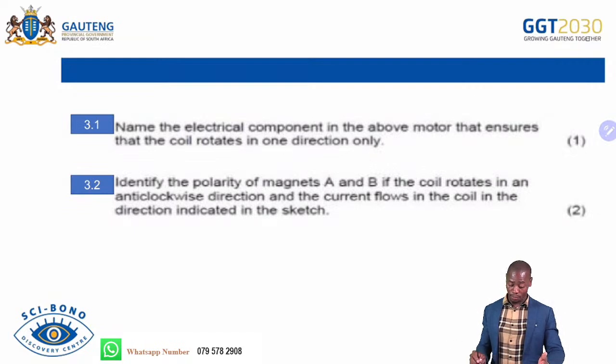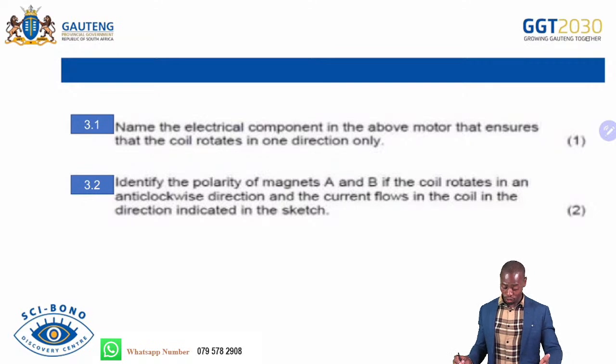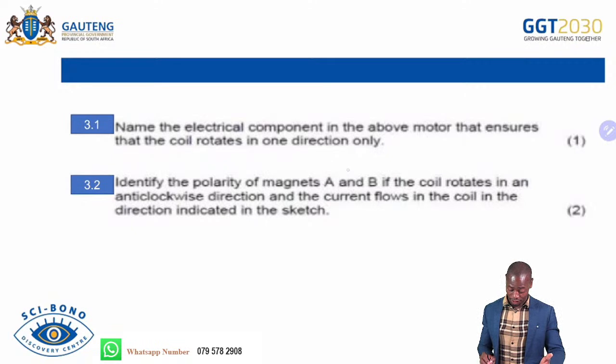Name the electrical component in the above motor that ensures that the coil rotates in one direction. So already I've explained that we are having a motor there. What type of a motor? It will be a DC motor because of the split ring commutator. We are aware of that name.